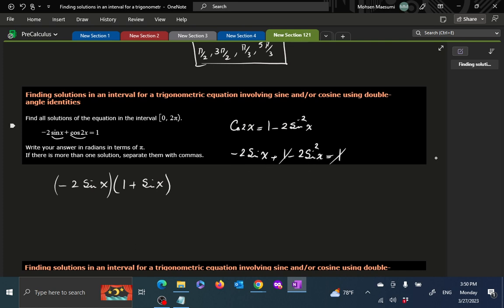We are left with 1 from here and sine of x from there, equal to 0. This gives us sine of x equal to 0, or sine of x is equal to minus 1. Sine is 0 at 0 and pi, and sine is minus 1 at x equal to 3 pi over 2. So that's it.